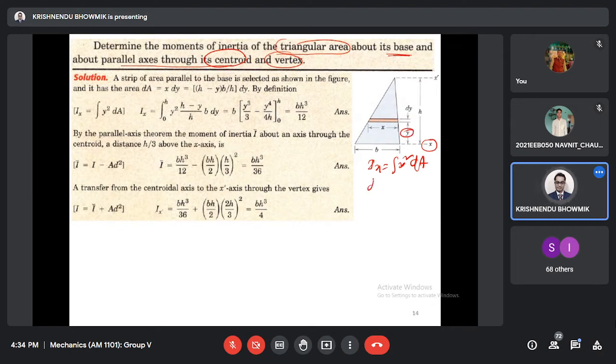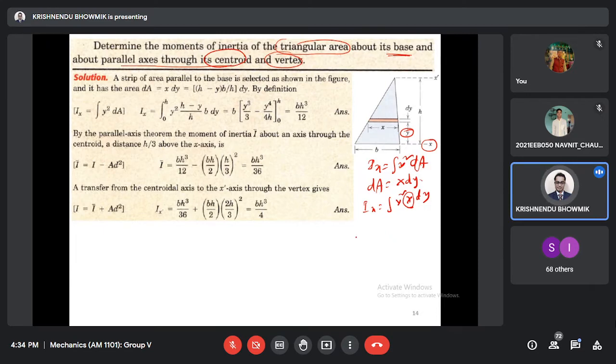What is dA? dA is x dy. All are in terms of y, but x is something different. We can put x in terms of a function of y.